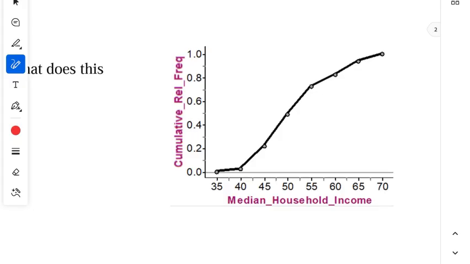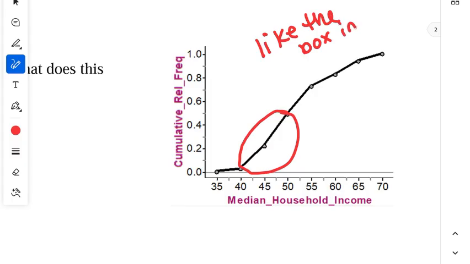Where is the graph the steepest? So it looks like, I think, looks like from here to here. This is going to be like the box in the box plot.